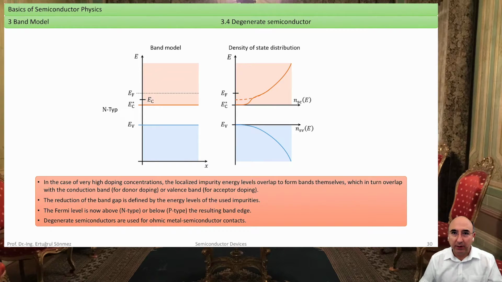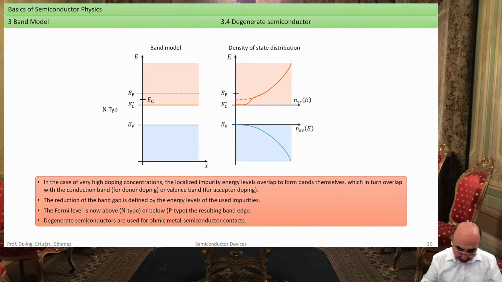And this type of contact is generated if you dope the semiconductor so high that the doping level itself gets a band edge.